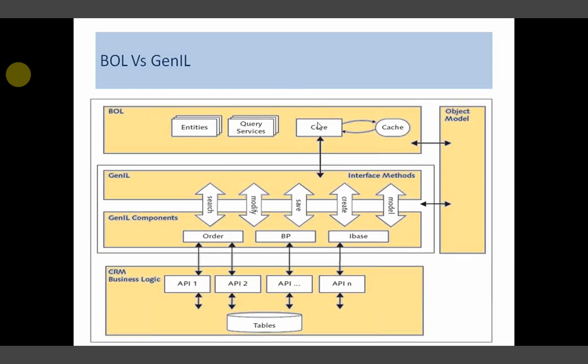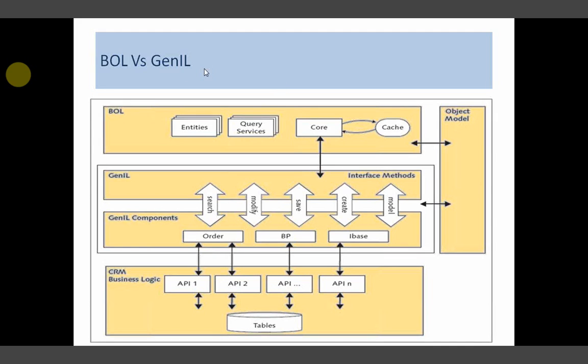But for bool, it gets the complete GENIL object model and keeps it with it. That's why in the diagram we have provided a common object model that is available for bool, and the name will be shared to the GENIL bool browser.